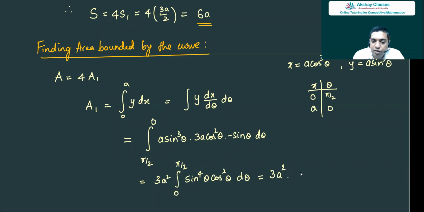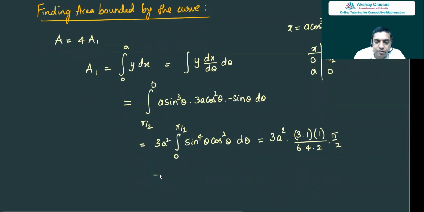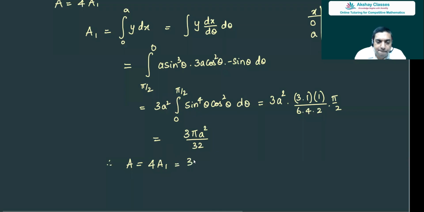So by Wallis's formula, we get 3 into 1 times 1 by 6 into 4 into 2 times pi by 2. So 3 pi a square upon 32. Therefore, A is 4A1, which is 3 pi a square upon 8.